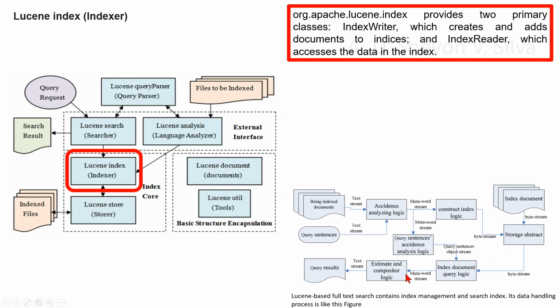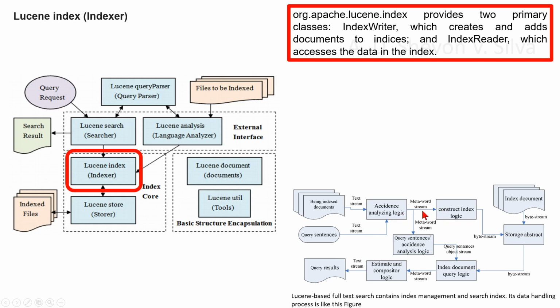Its data handling process is like this figure. Here the being-indexed document is connected to the text analyzing logic. A text stream is passed from the being-indexed document to the text analyzing logic. Query sentences are connected to the text analyzing logic. A text stream is passed from query sentences to the text analyzing logic. The text analyzing logic is connected to the construct index logic.